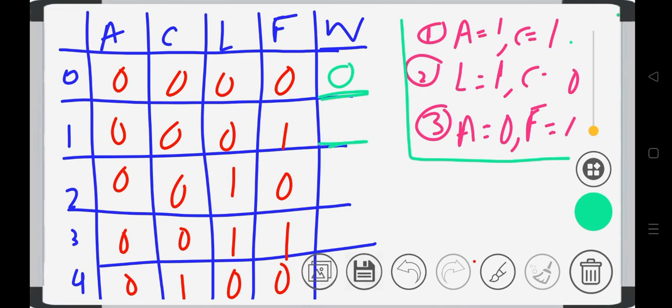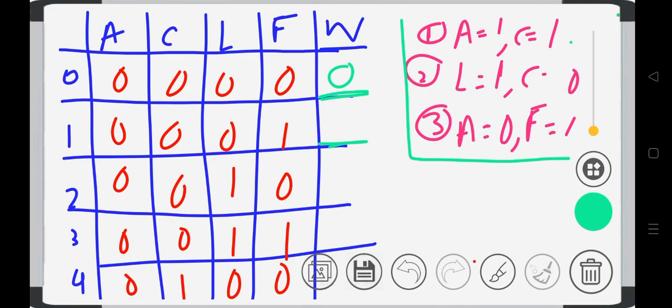For the next one, it is A1 C1. So see, A is 0 here, C is 0 here, does not satisfy. L1 C0. So L is 0 here, and C is 0 here, does not satisfy. A0 F1.